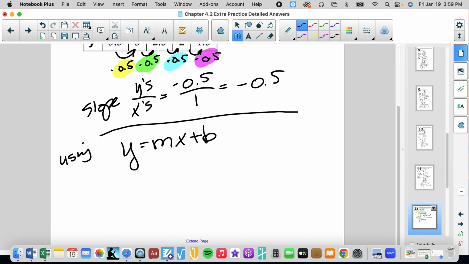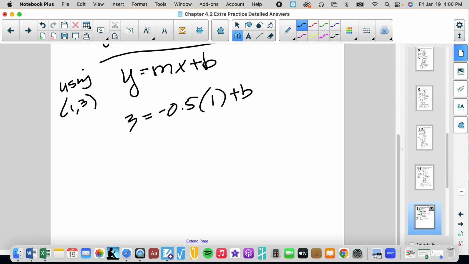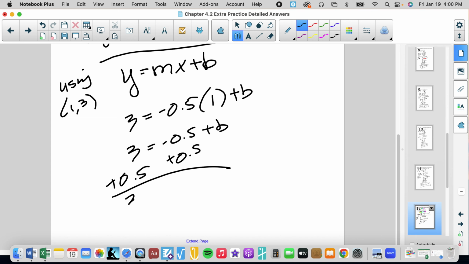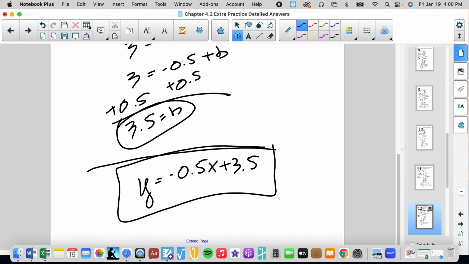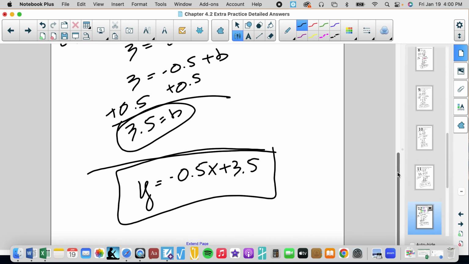Using (1, 3), we get 3 equals negative 0.5, which is my slope, times my x value, and we get 3 equals negative 0.5 plus b. Let's add 0.5, add 0.5. We get 3.5 equals b. So my equation for that line would be y equals negative 0.5x plus 3.5.